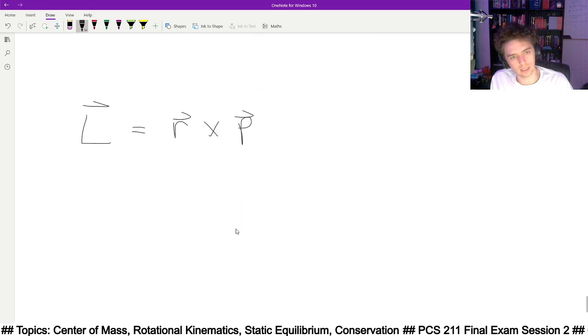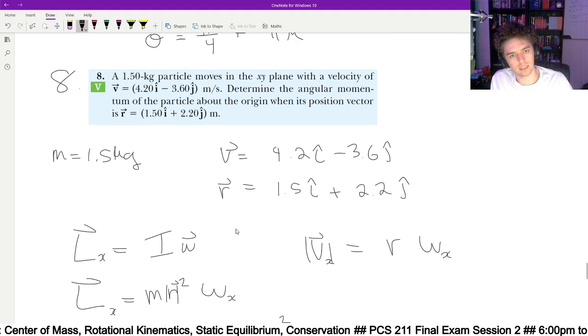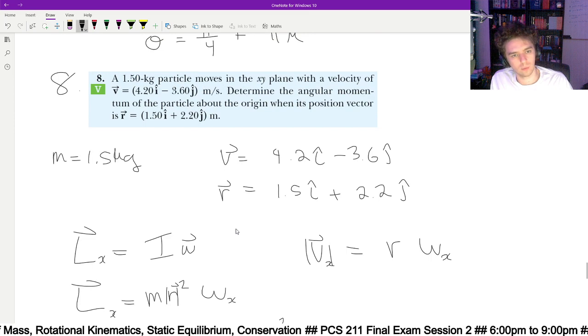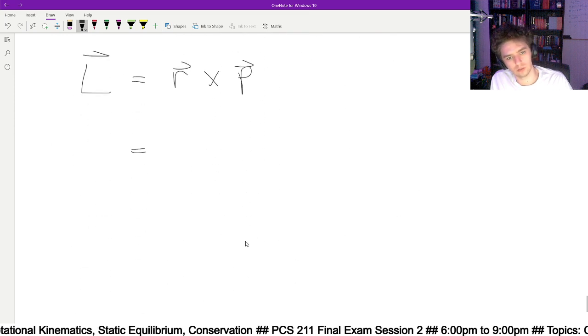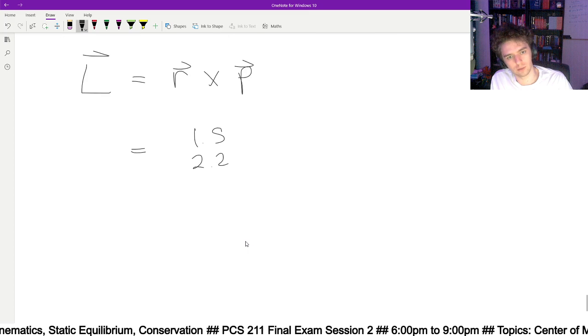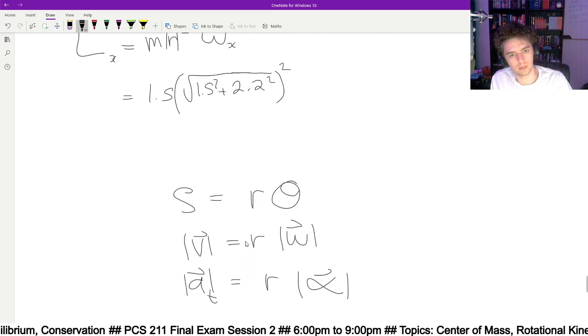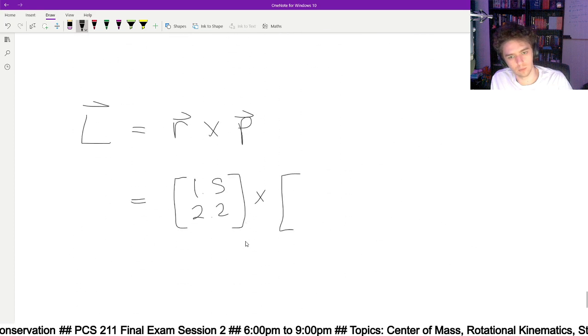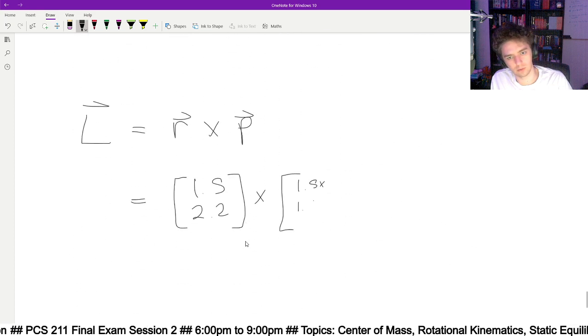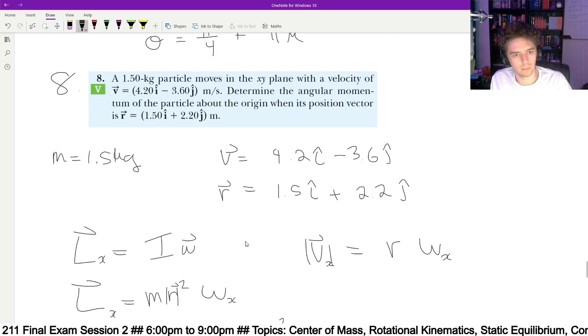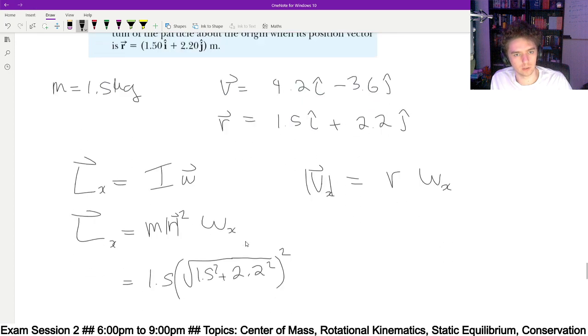So this will equal, the radial vector is 1.5, 2.2. I'm going to write it like a linear algebra thing. I'm crossing that with, multiply each thing in here by 1.5. So 1.5 times 1.5 times the velocity, 4.2, negative 3.6.